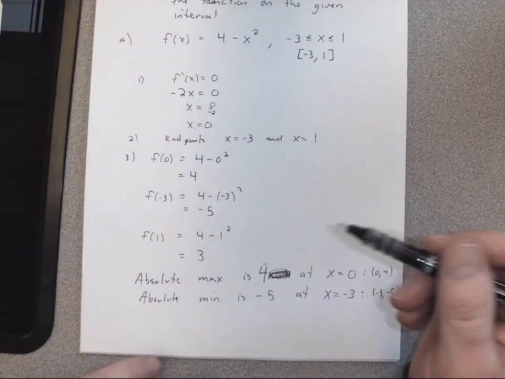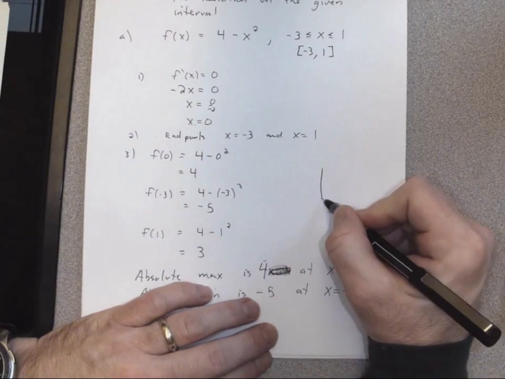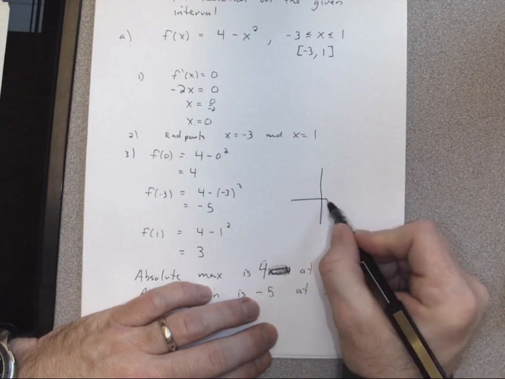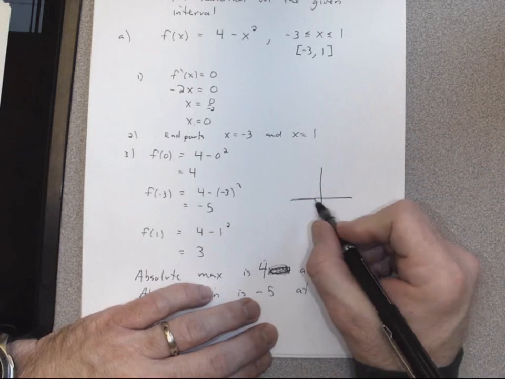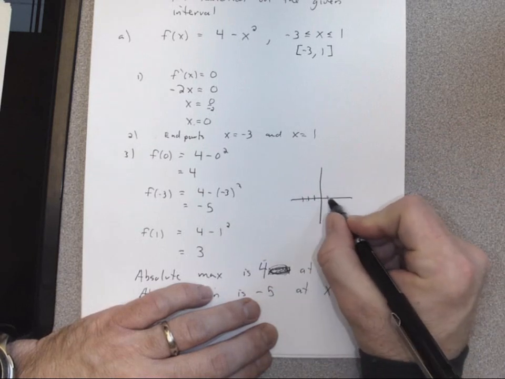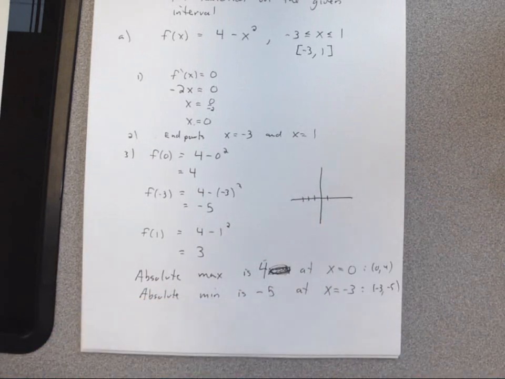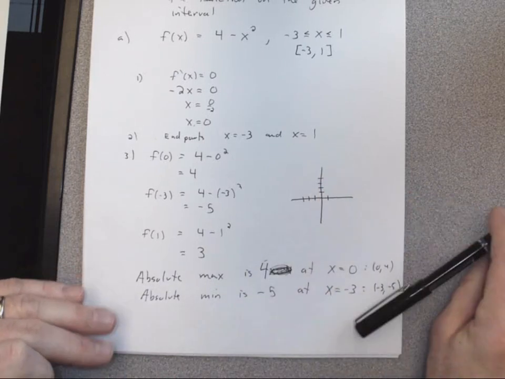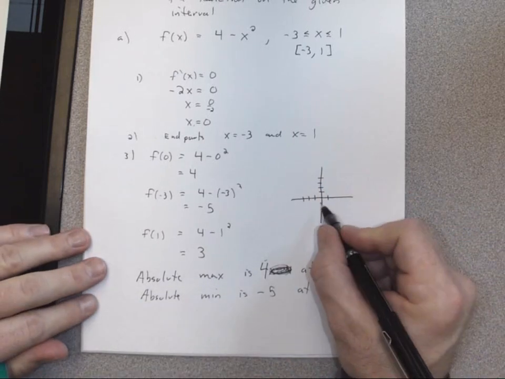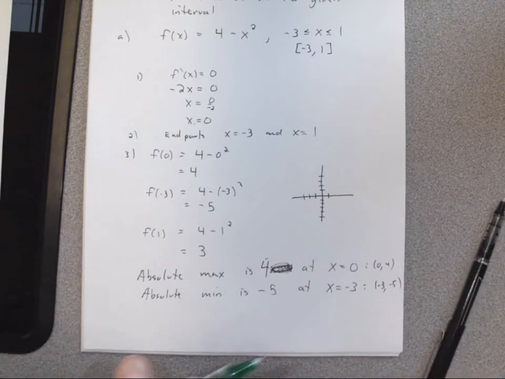What's nice is I'll do a little picture over here just to show you what happened. What I know is that this is 4 minus x squared, so this is a parabola, and it opens down. It goes from minus 3 to 1. So graphically it looked like this.